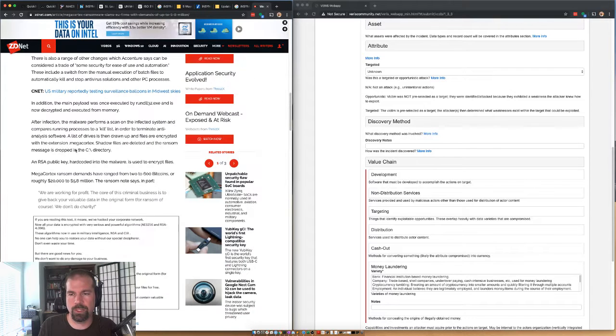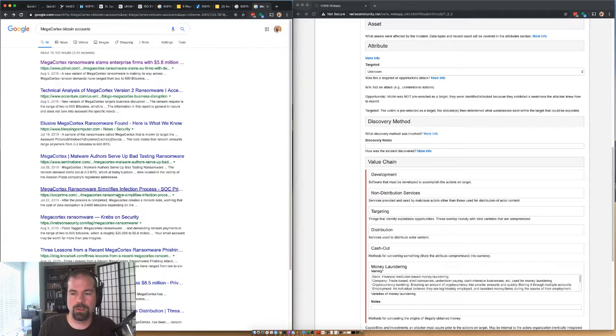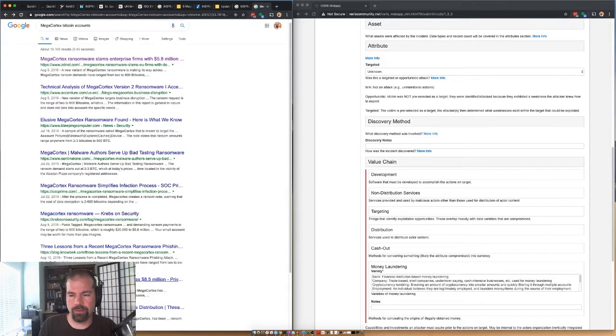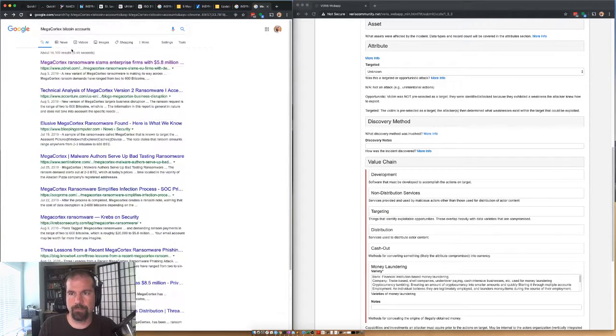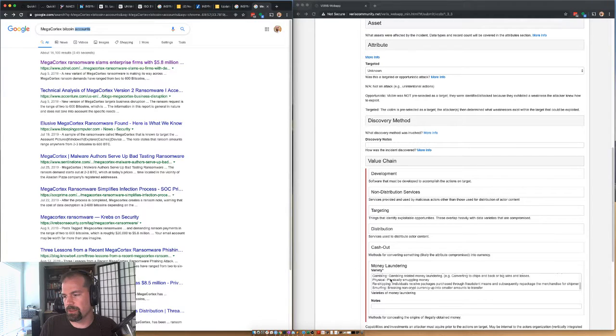Hardcode password, but it doesn't say. So I'd like an analysis of where the money went. Let's see. That's what we know. United States ransomware amounts from 2 to 3 Bitcoins to 600. It's really not helpful. Okay, so we don't really know about the money laundering.